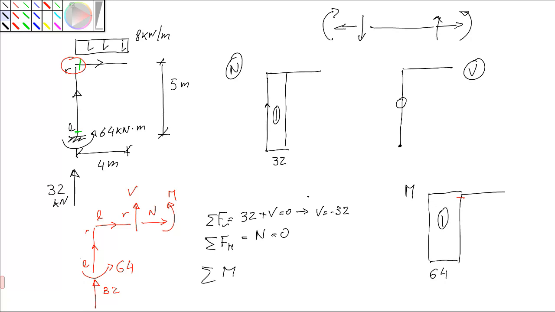There's nothing along the bar that is applied parallel to the bar, so it means this diagram is constant, equal to 32. Let's stop here and we'll look at the beam later on.